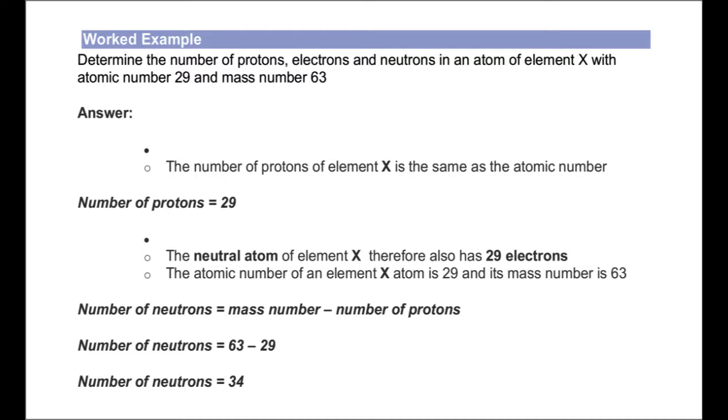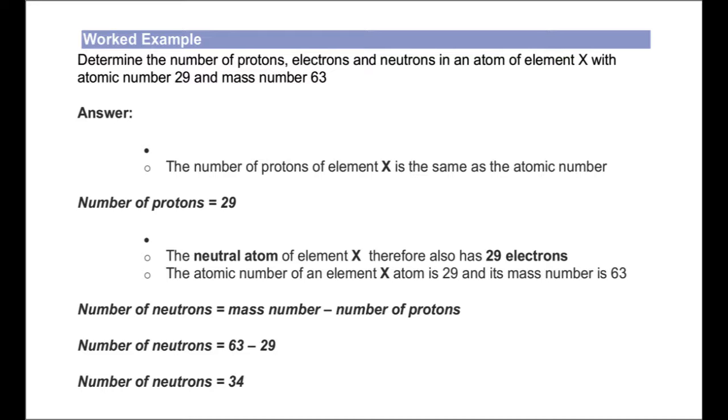Worked example. Determine the number of protons, electrons and neutrons in an atom of element X with atomic number 29 and mass number 63. Answer. The number of protons of element X is the same as the atomic number. Number of protons equals 29.